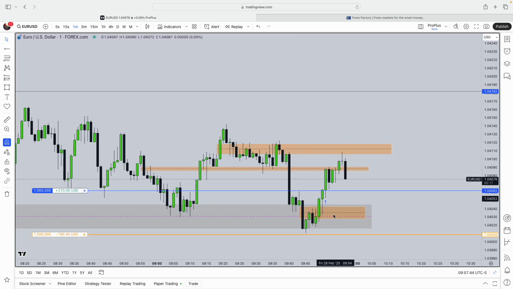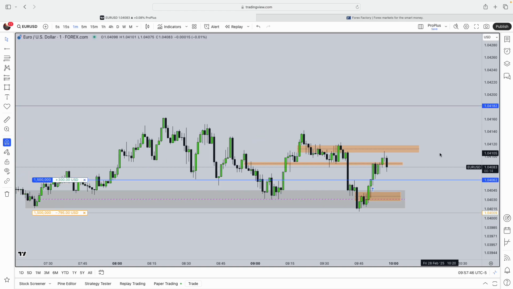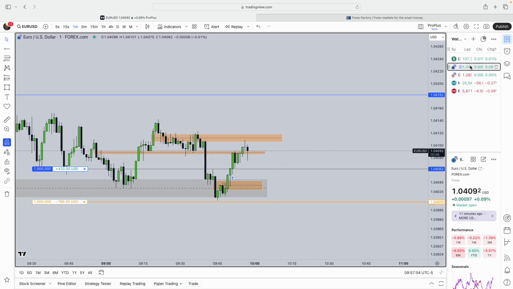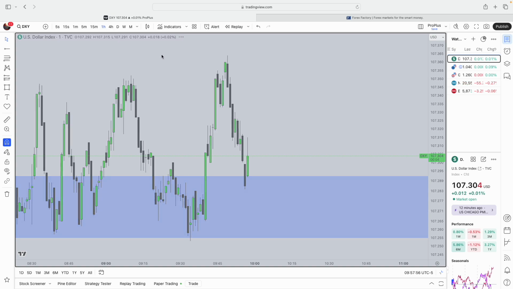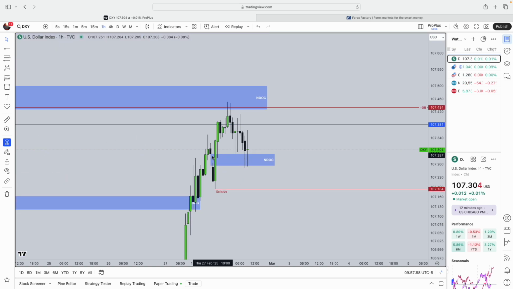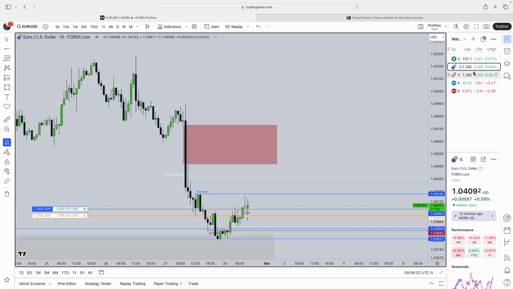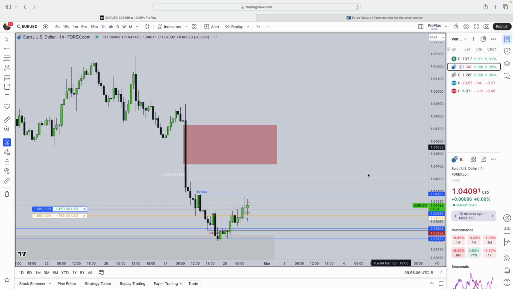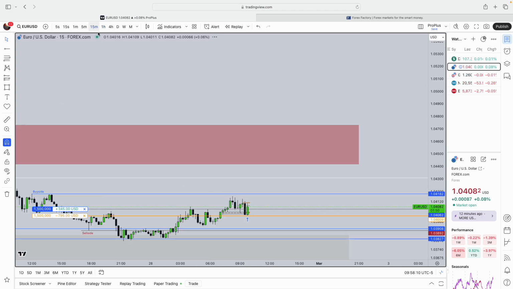I'll fast forward it for you guys so you can see in real time. But if this doesn't act as support, we could potentially just start heading lower because the daily opening gap is showing support here. It's got 2 minutes to this closure. Nothing says buy for me for dollar, and it's still setting itself up for buy, but it just could be a very choppy day.